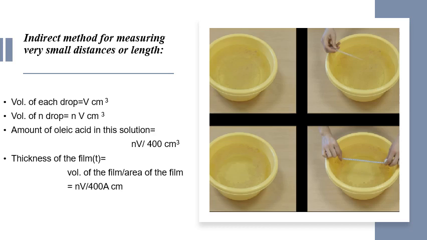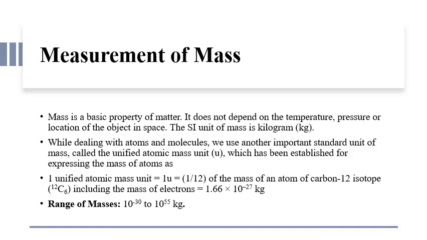Assuming that the film has monomolecular thickness, t will be approximately the size or diameter of a molecule of oleic acid. The value of t is found to be of the order of 10 power minus 9 meters. This is the thickness we found from the experiment. So we studied the measurement of length by using direct and indirect methods.